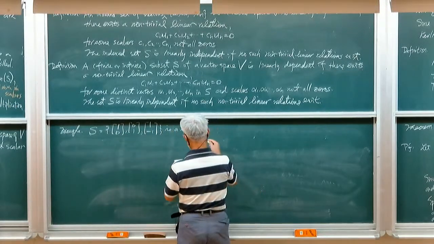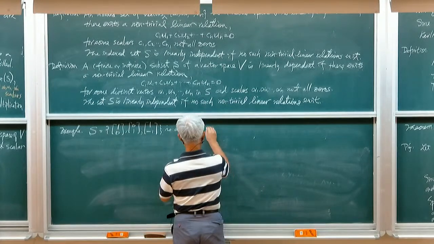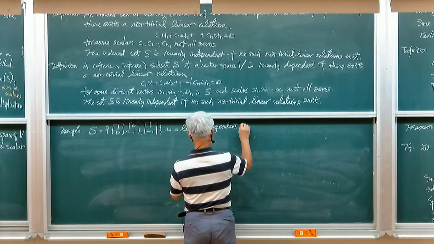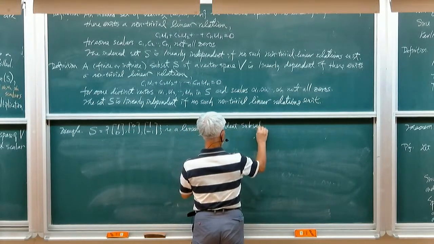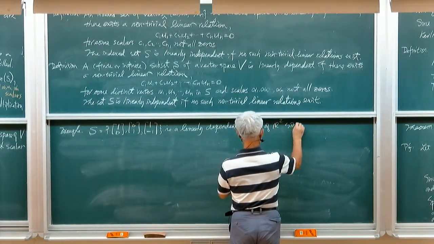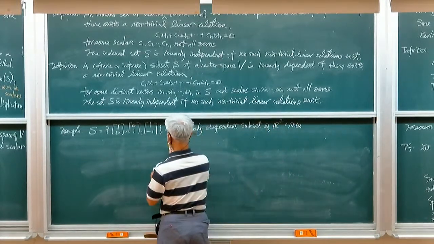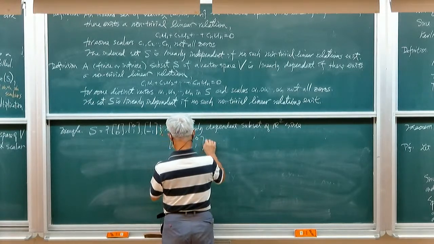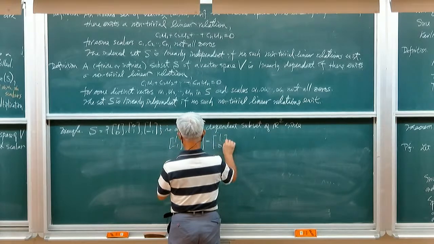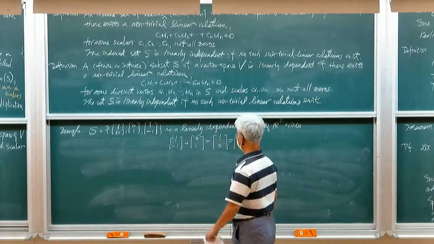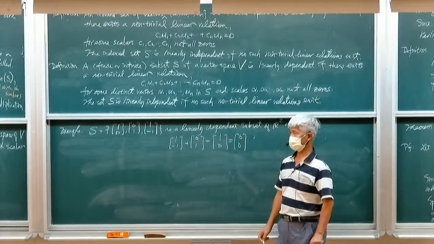It is a linearly dependent subset of R2. The reason is that we can find a non-trivial linear relation among these three vectors.